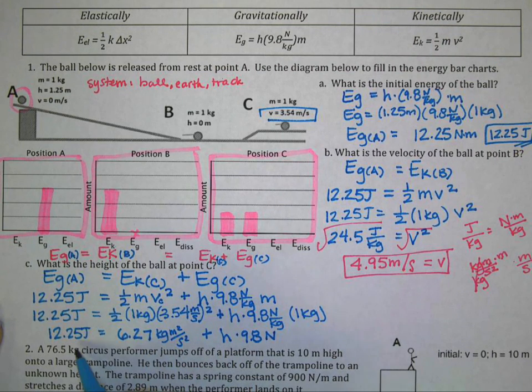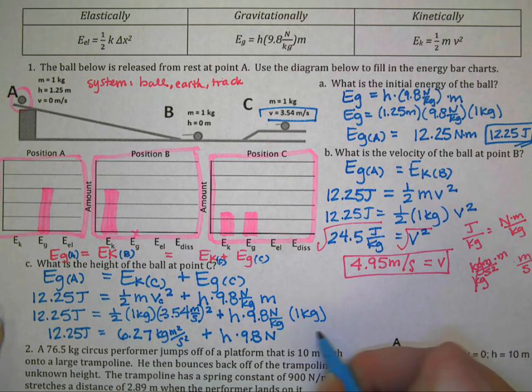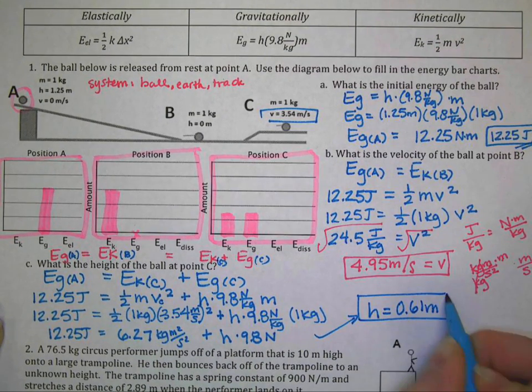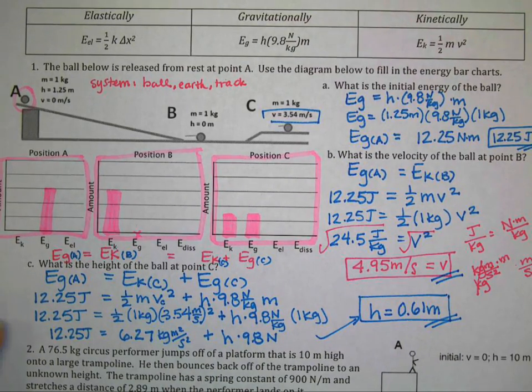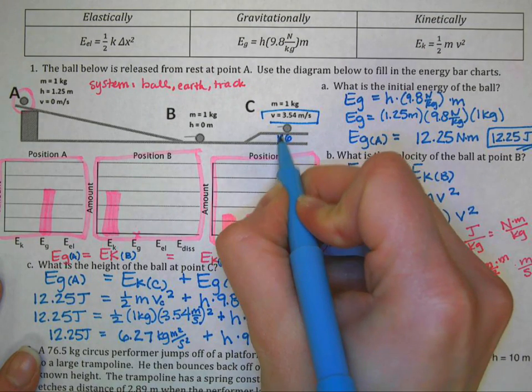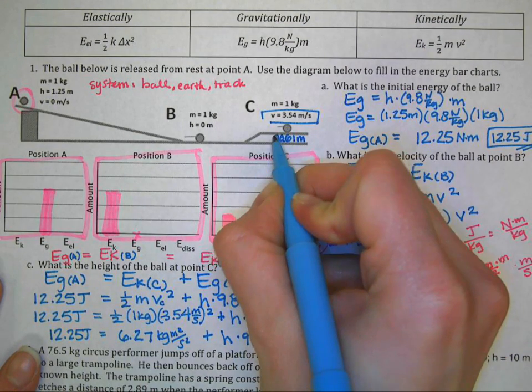We would subtract 6.27 from 12.25 and then divide by 9.8 to solve for H. And when you do that, H comes out to 0.61 meters. You can see that 0.61 meters is the height right there.